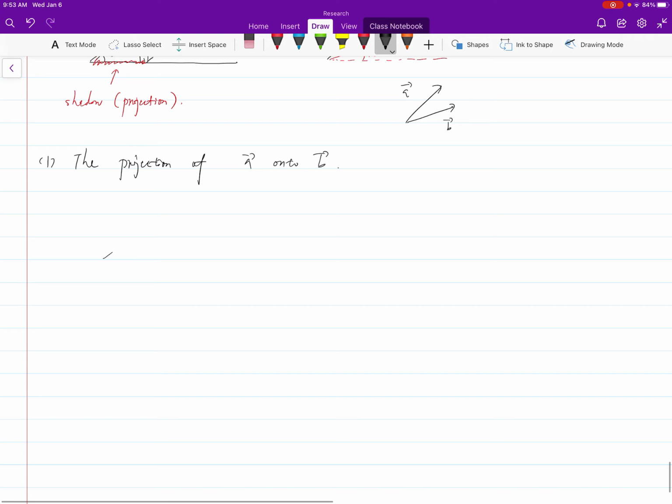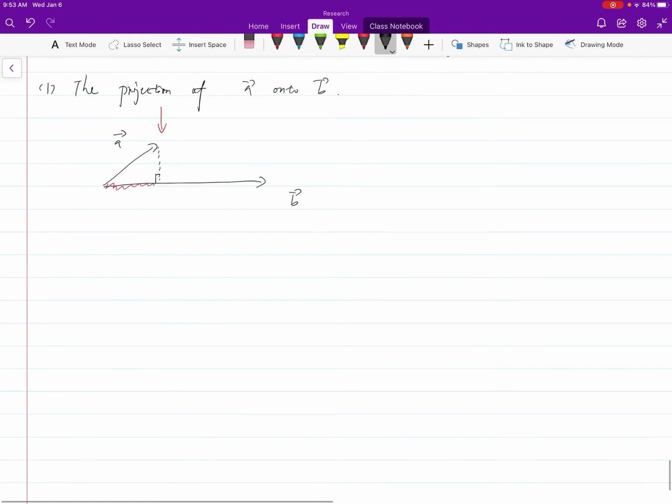Let's try to make the definition clear. If this is A and this is B, I draw it to be horizontal, but it doesn't have to be. Then the projection of A onto B is going to be this part, which is again the shadow. You're assuming the projector light is coming from a direction perpendicular to B. So the light goes this way, and that's how you get this.